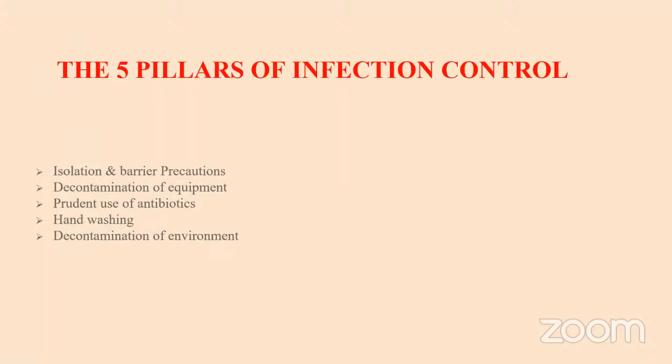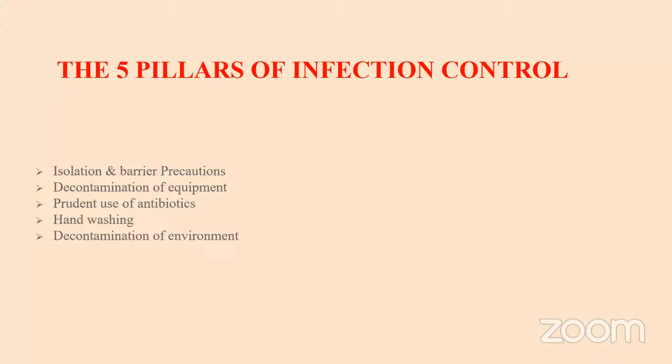Now, the 5 pillars of infection control are: the first one is isolation and barrier precaution. Like I previously said, if a patient has COVID or TB, he or she should be given a private ward. Then decontamination of equipment, sterilizing equipment properly after every surgery and procedure.